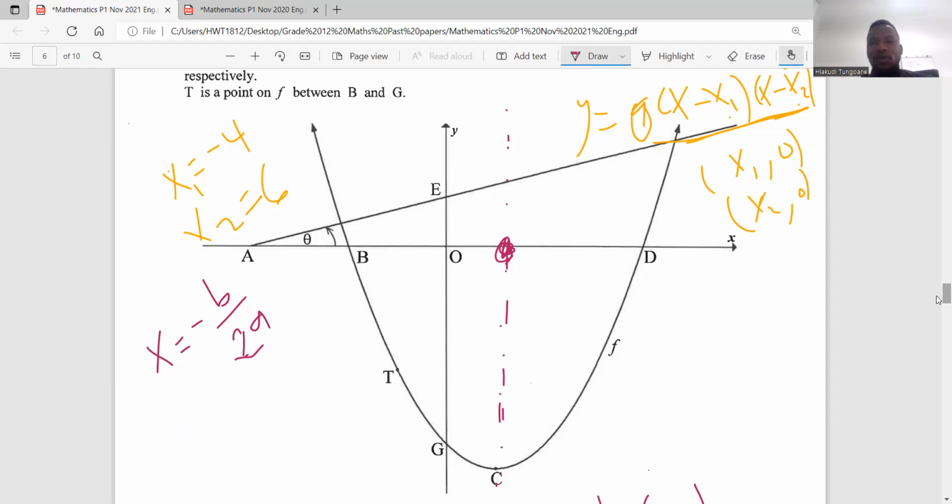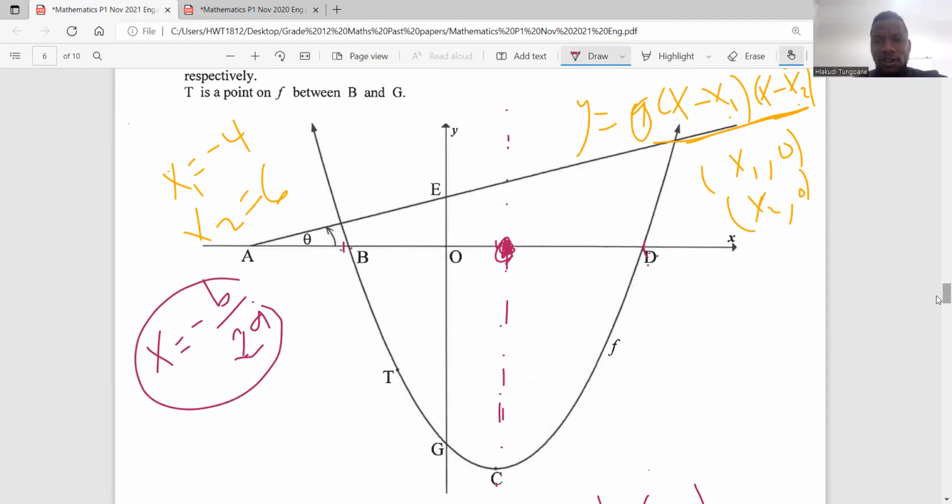You can use the midpoint formula to get the x value there. This is another way of getting the x value of the turning point when you're given both x-intercepts, without having to expand it.